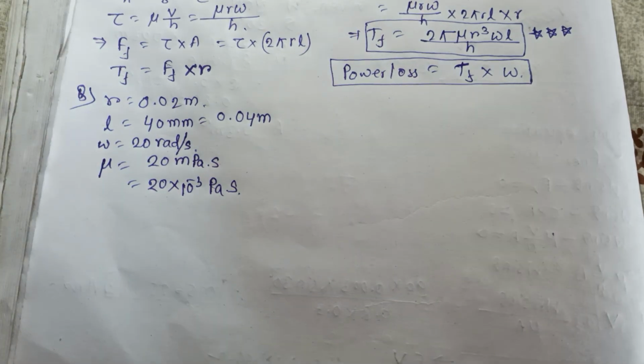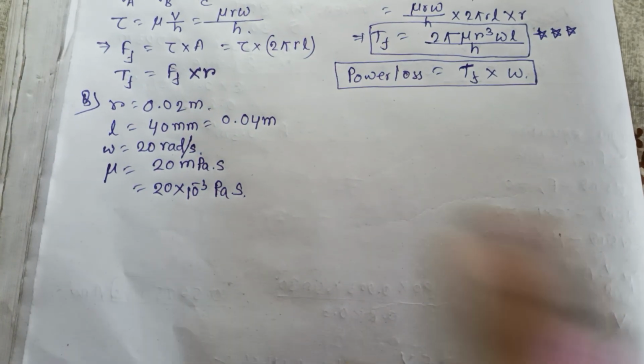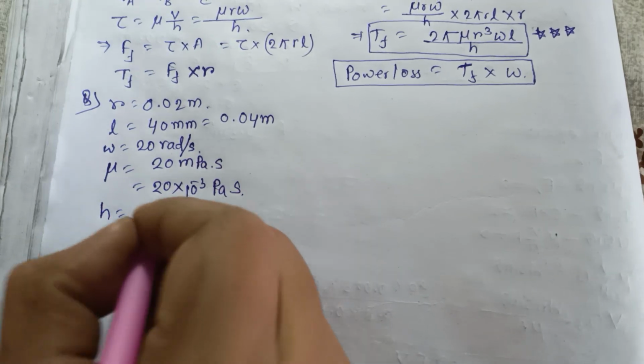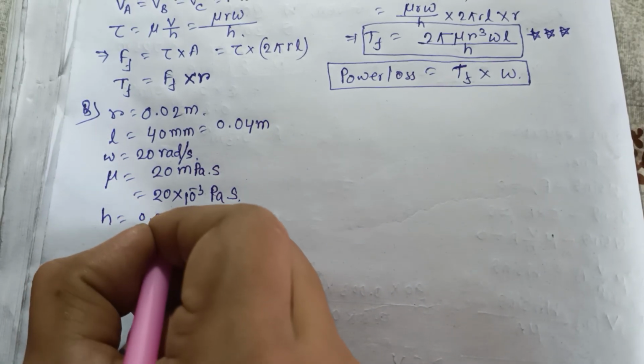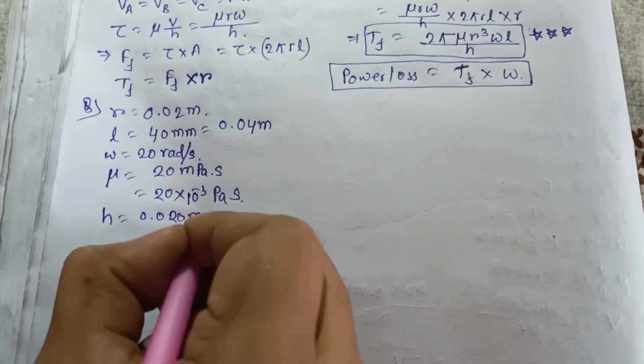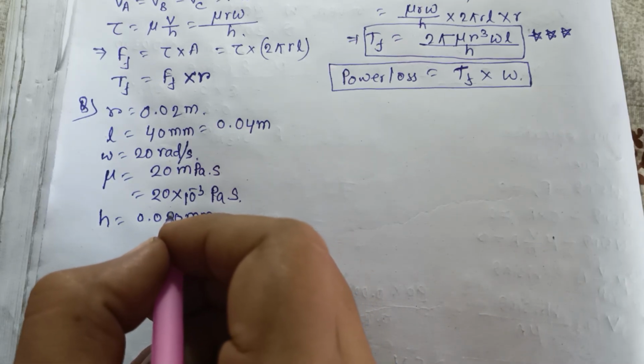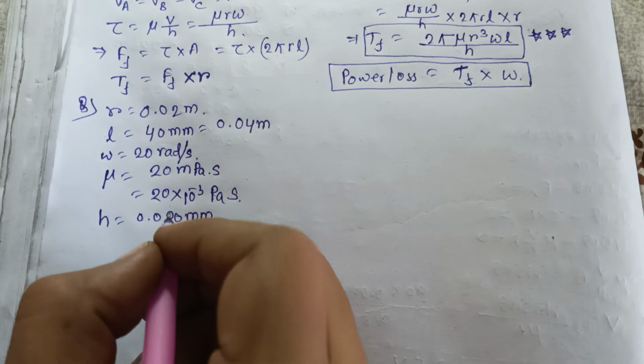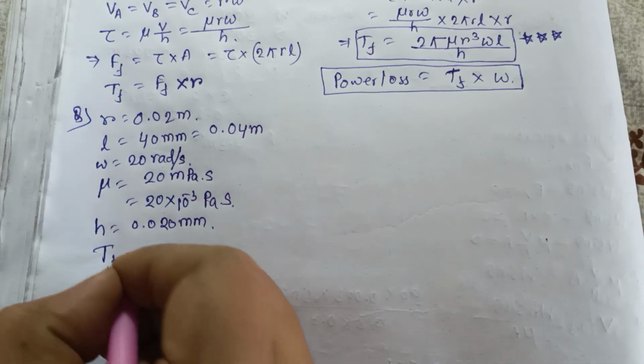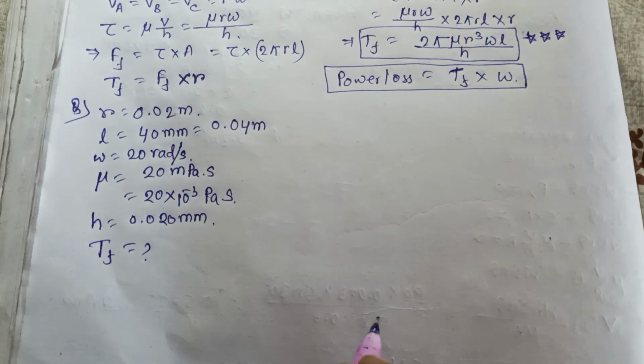The clearance is also given, equal to 0.020 mm. The loss of torque due to the viscosity of the lubricant is approximately, so you have to calculate the torque.